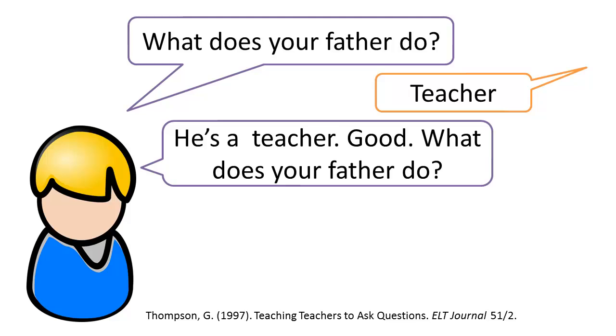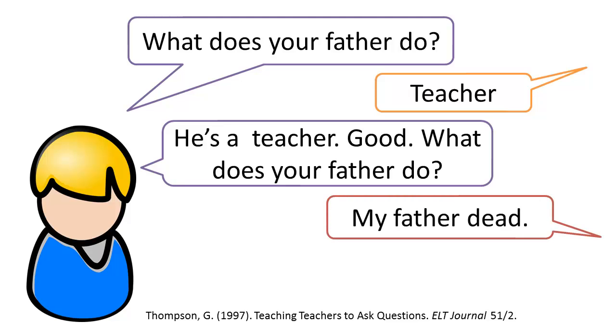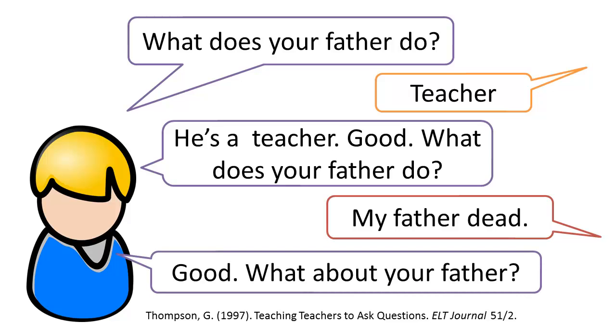Again, we've got this repetition, this teacher echo thing, which I was talking about before. Good feedback. What does your father do to the next learner? And the next learner says, my father dead. At which point the teacher genuinely said, good! What about your father to the next learner?